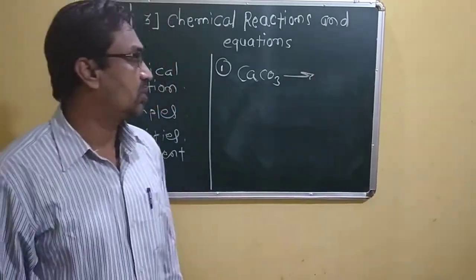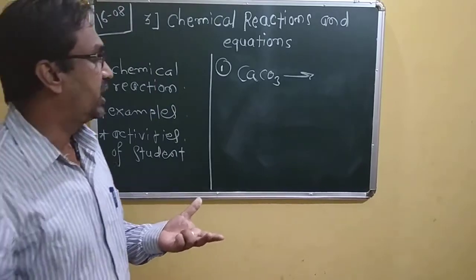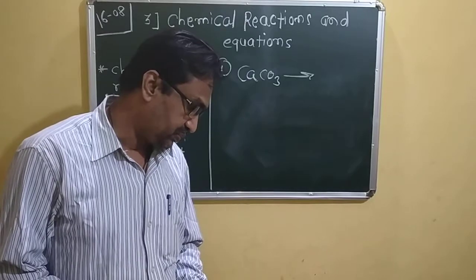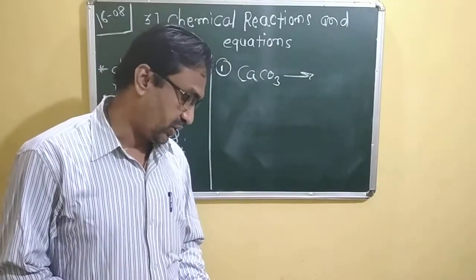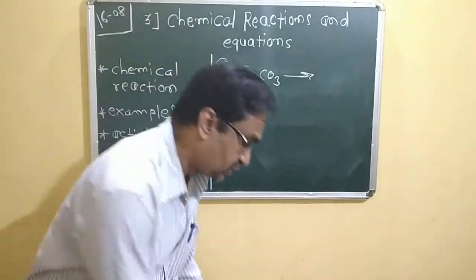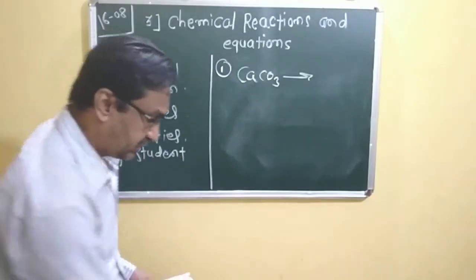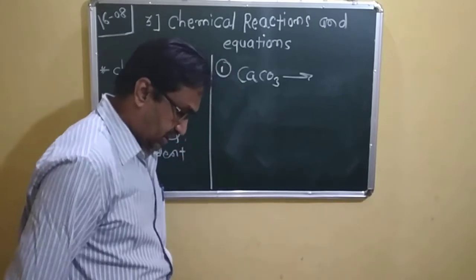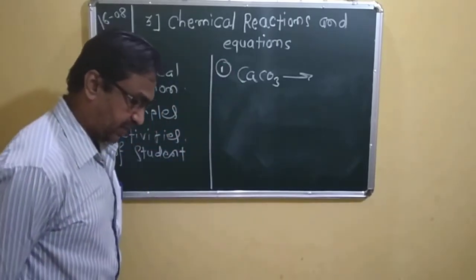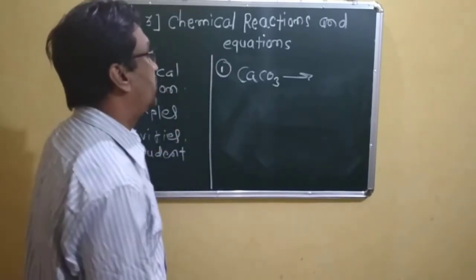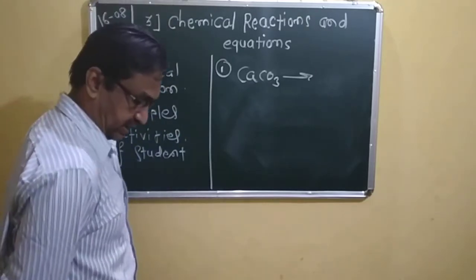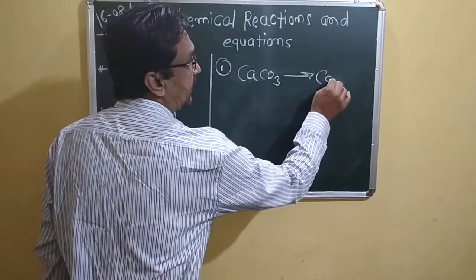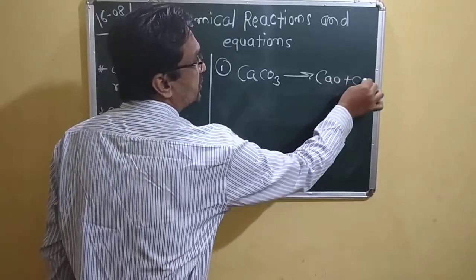We have to find that when the evaporating dish containing limestone powder is heated, carbon dioxide gas is released and calcium oxide is formed, that is CaO plus CO2.